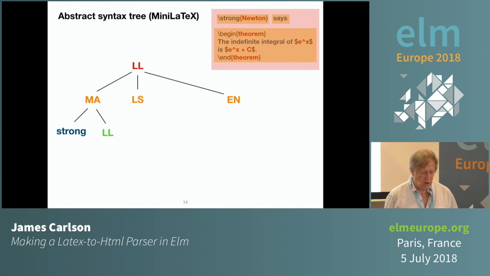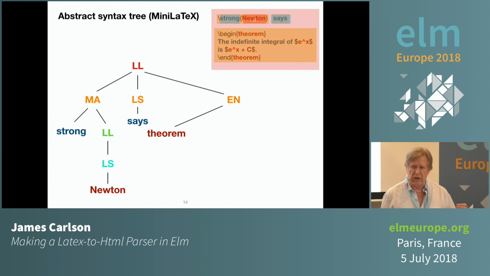The macro consists of its name, strong, and its arguments, which is the word Newton. The string LS derives to says. The environment is the most interesting thing. Its children are, first of all, the name of the so-called theorem environment, and its body, which is a list of things, and that's just all that stuff in green.